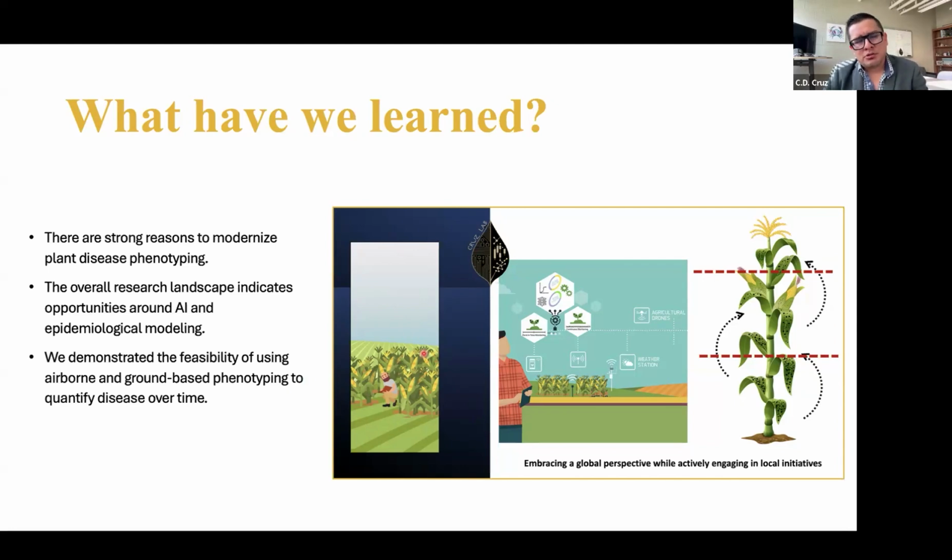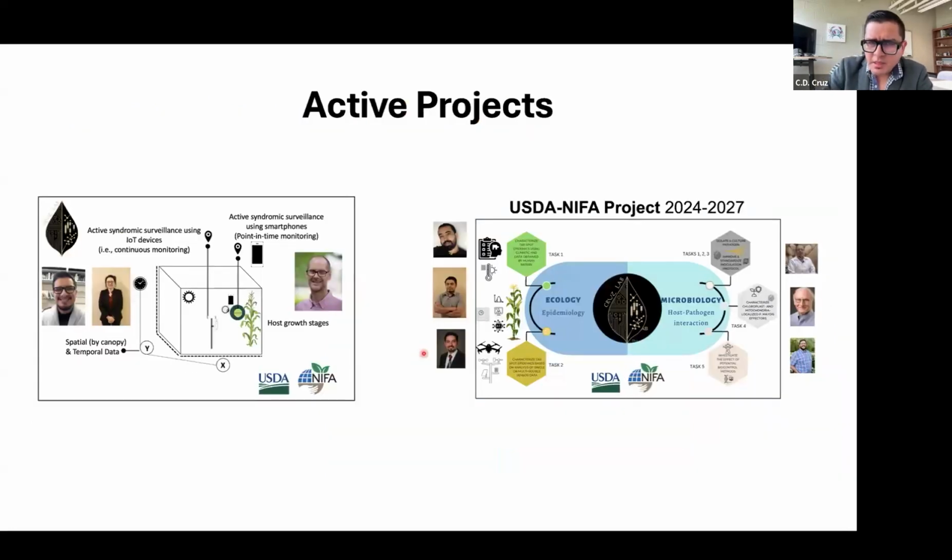Although we have demonstrated the potential feasibility of using both airborne and ground-based phenotyping to quantify disease, there's definitely much more work to do. I would say that we're just scratching the surface. There's a lot that needs to be done in order to improve those models.